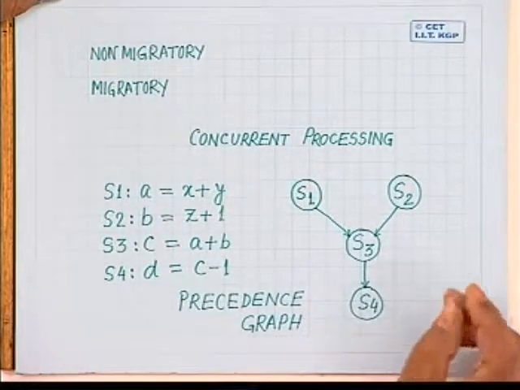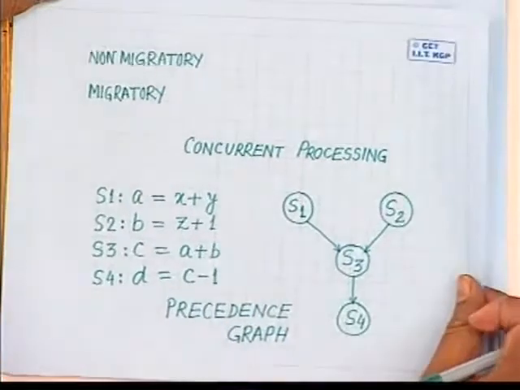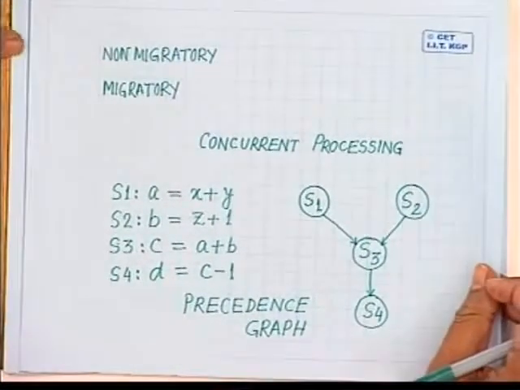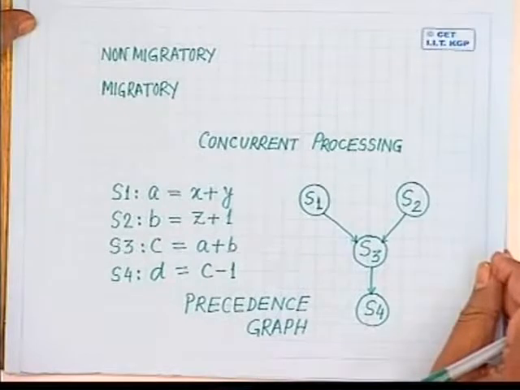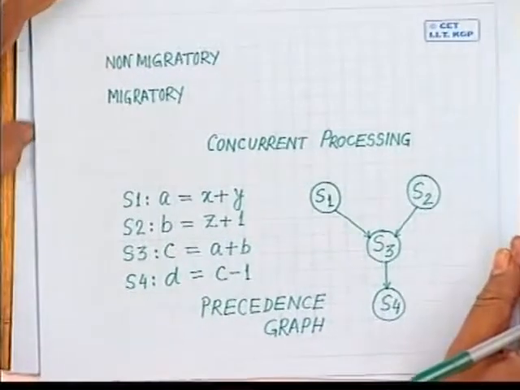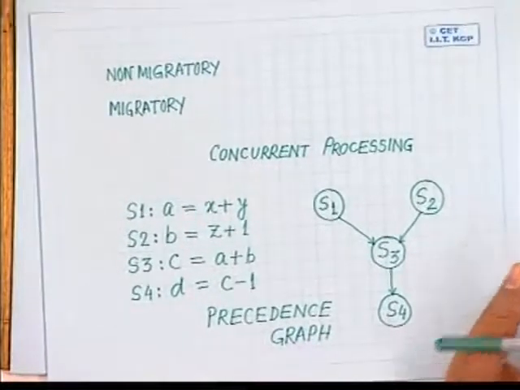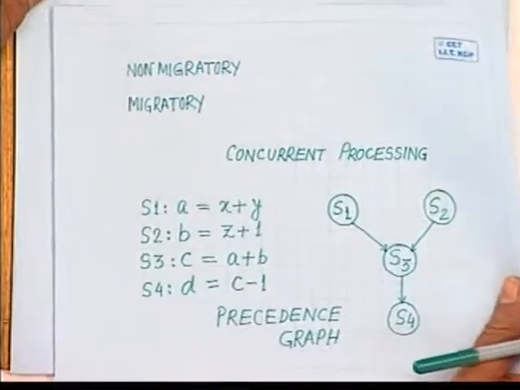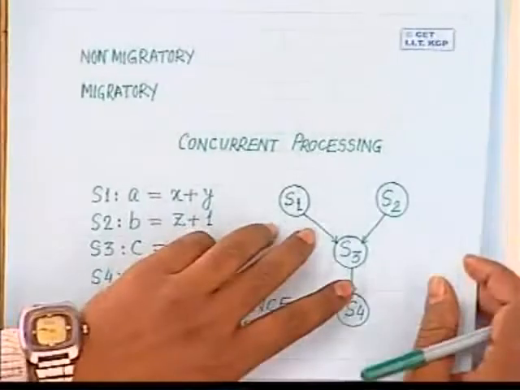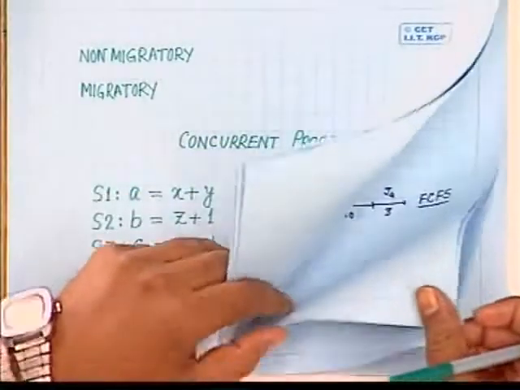Okay. So to do that, we define two types of sets for a given statement or for a given subtask. Subtask is nothing but a submodule of a given program. So we define two types of sets.